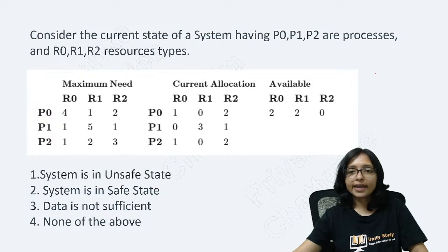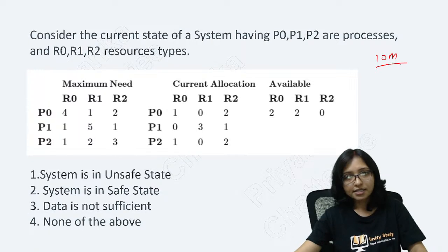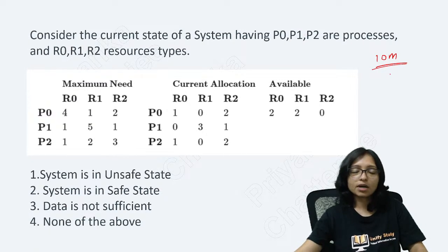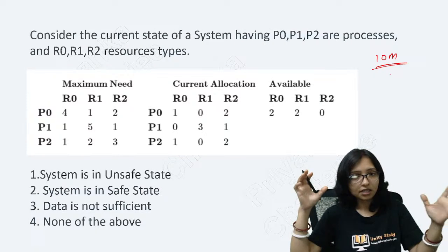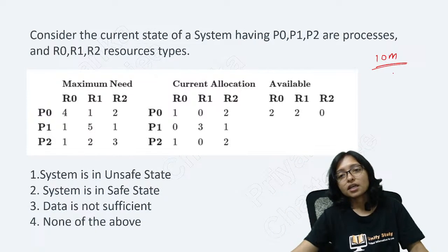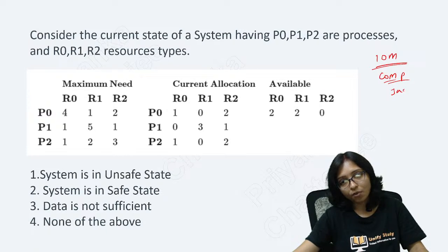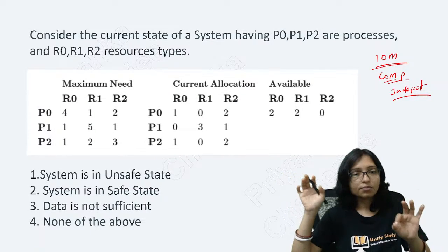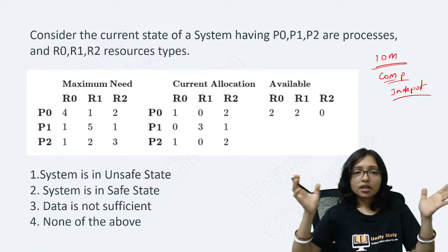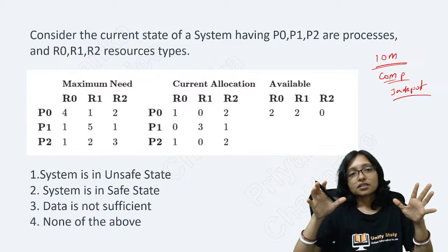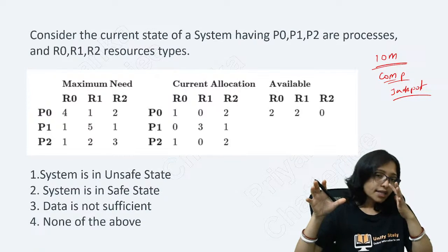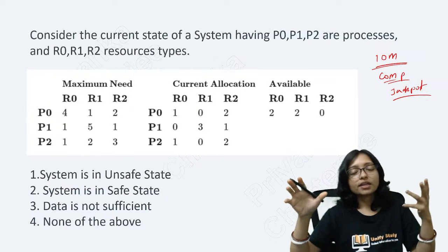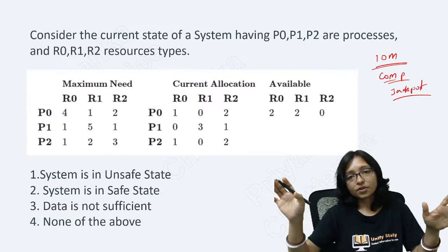This is also an expected 10 marks question. I started the class with a 10 marks question. I asked what 10 marks questions are possible. That is your comprehension type question, or you can call it a jackpot question, whatever you call it. These are areas from where there is a 100% chance of getting questions, minimum to maximum 10 marks. This is also an area: deadlock, unsafe state, safe sequence. This way you can get the question.